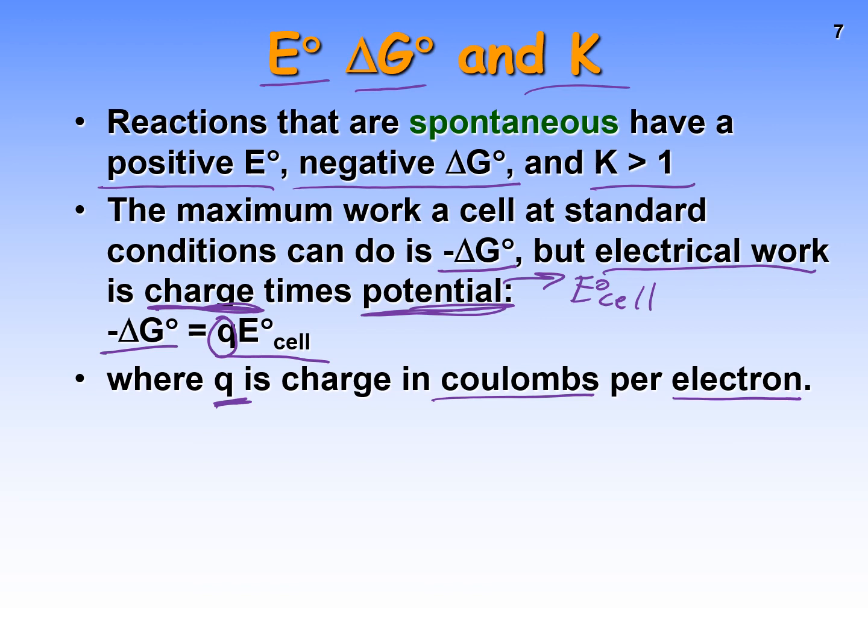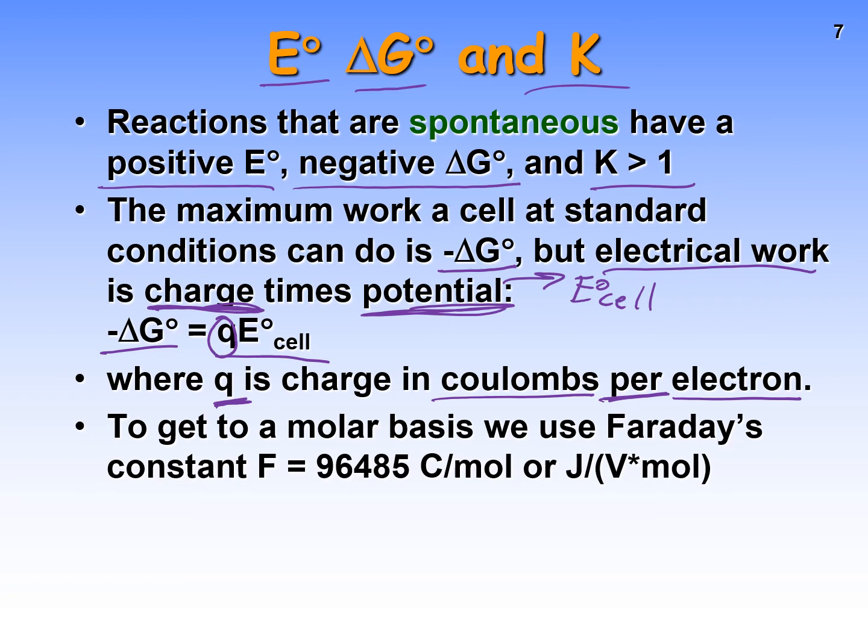Now, generally in a voltaic cell, we have a lot of electrons moving through our system, so doing it per electron is a little funky. This is more of a physics calculation. They usually use per electron. We're going to be using per mole of electrons, which means we're going to use what's known as Faraday's constant, F. And I will give you this on the test. You don't have to memorize it.